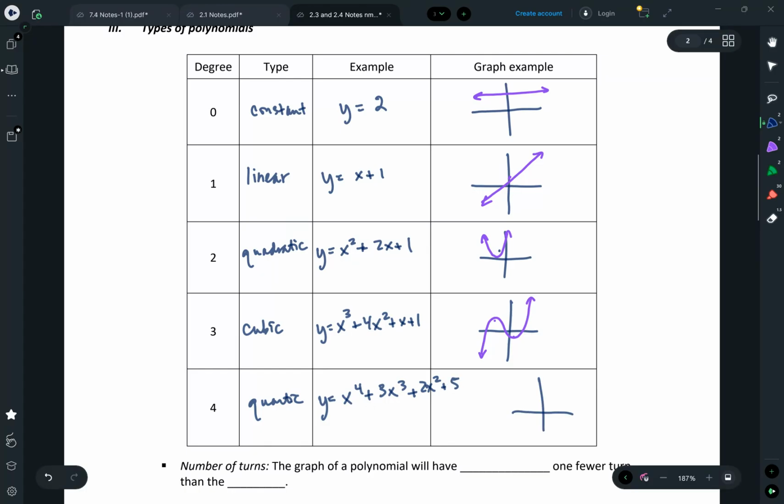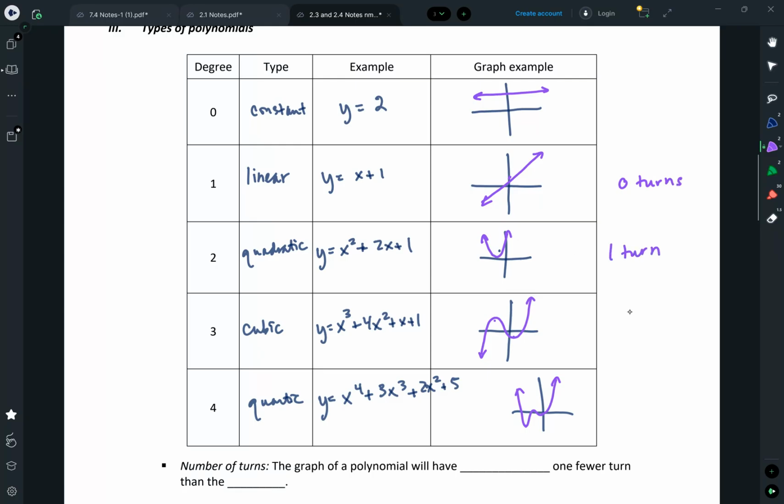When I go to graph a quartic, that can now be something more like this, where I've got 1, 2, 3 turning points. So I've got 0 turns here. I've got 1 turn here, like 1 hump means 1 turn in direction. I've got 2 turns here, and I've got 3 turns on this last one.